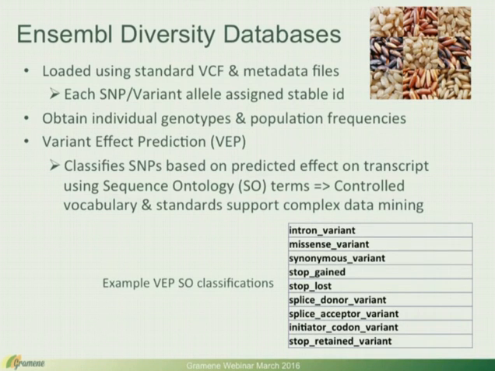By using controlled vocabulary and standards, this supports the mining of complex data. We call this the VEP pipeline, and the SO classifications include, say, a variant that maps to an intron, a variant that is causing a missense mutation, one that introduces a stop in the sequence, or one that alters the splicing sites of the predicted peptide.